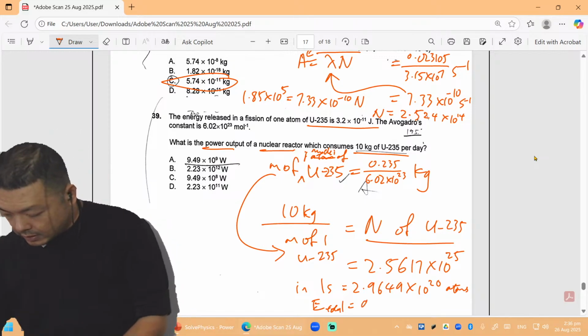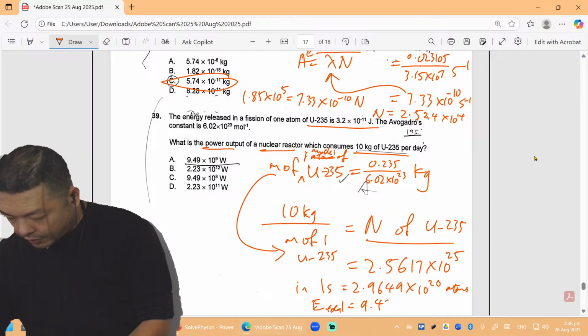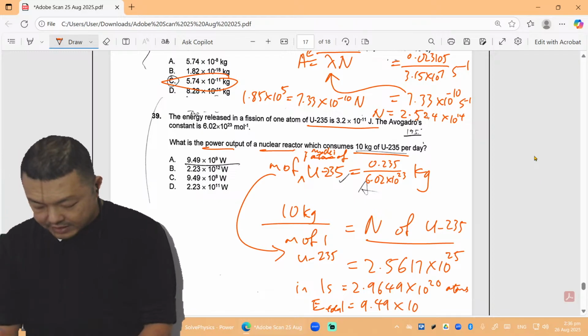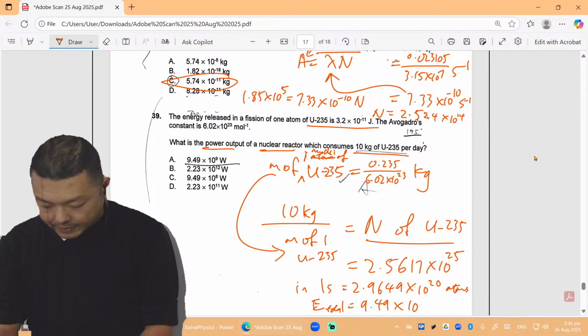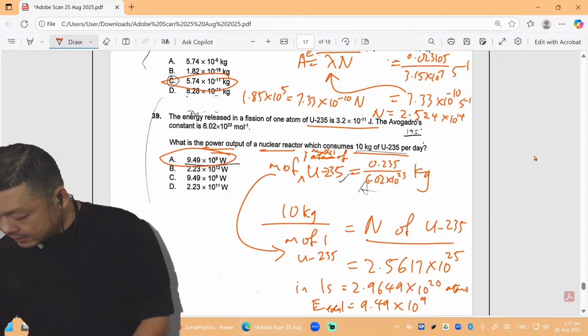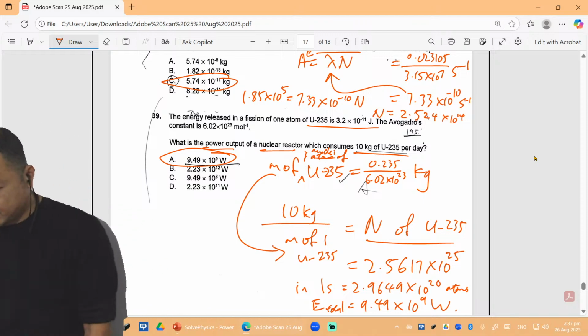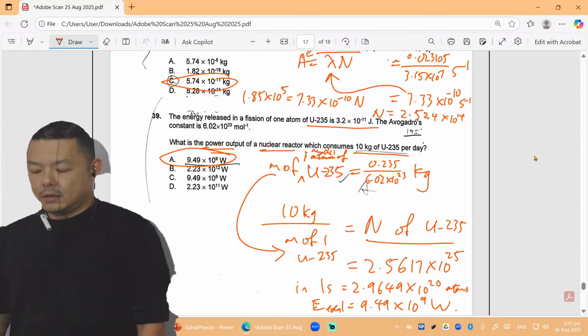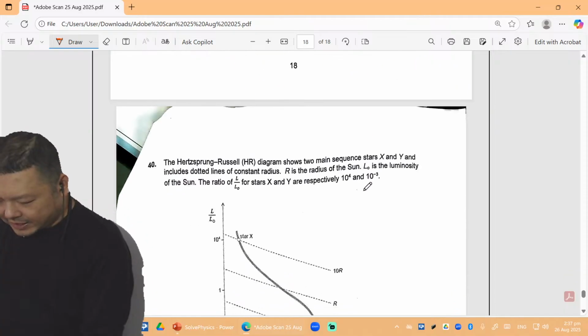Right, so 9.49 times 10 to the power of, geez, I have to count this. I can't get a standard format for this. 1, 2, 3, 4, 5, 6, 7, 8, 9. 9 is your answer. There you go. Okay, done.